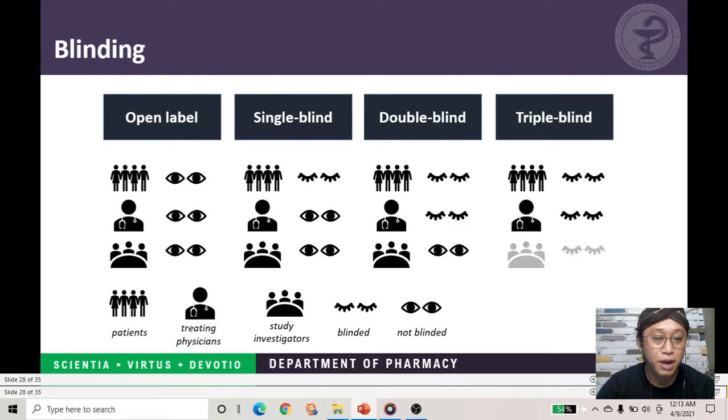While in the triple blind, they do not know. Each of them does not know which one is in the control group.